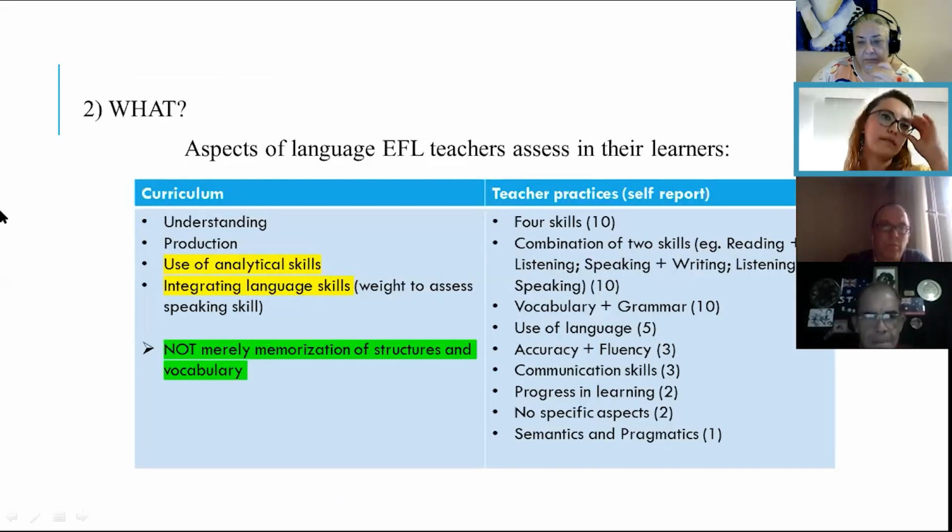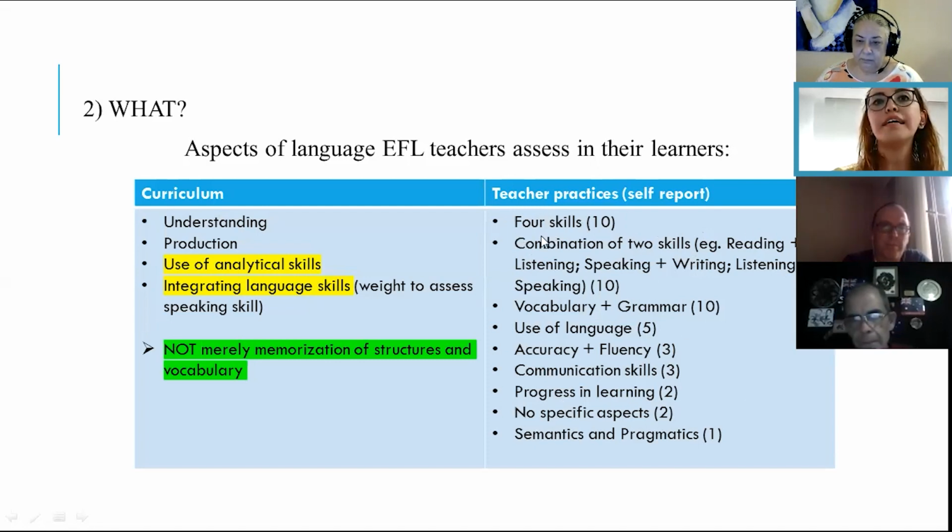The second dimension, the what dimension, was about the aspects of language EFL teachers assess in their learners. And again, the self-report data on teachers' practices are listed here.